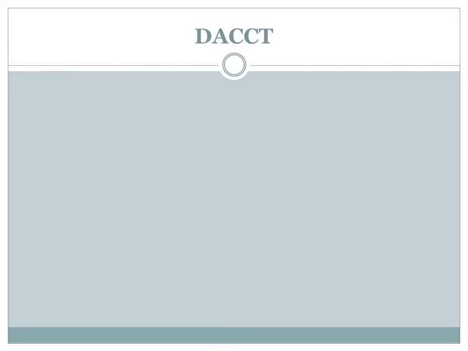So the system that we're going to use was developed in Britain, and it's called the DACCT system, D-A-C-C-T, and it's an acronym. D stands for description of the condition. So it's just a description in layman's terms, given the location and what it is that you observe.